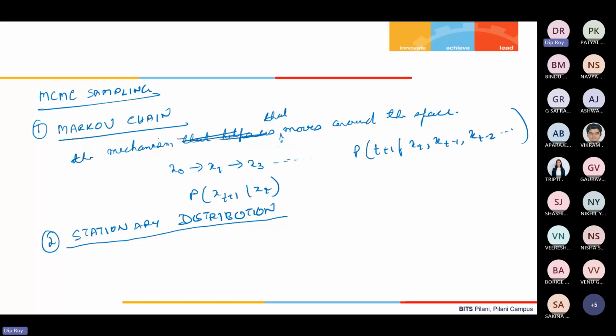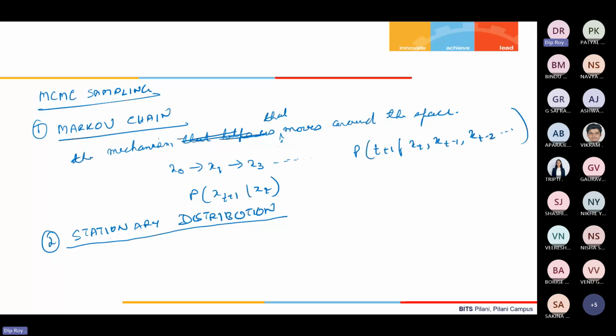When you go via a Markov chain, or any chain of events or chain of states, the stationary distribution basically describes where the chain spends its time in the long run.